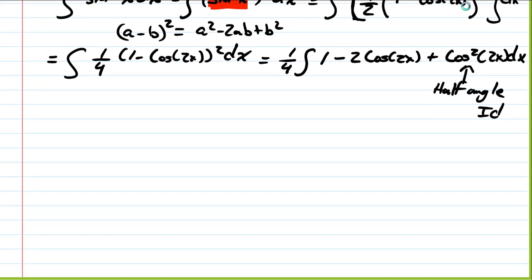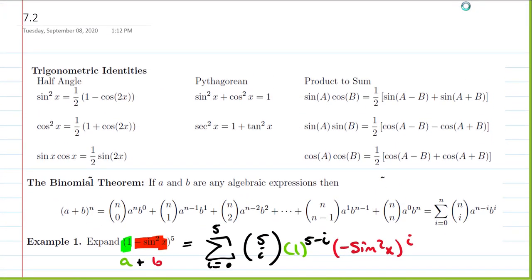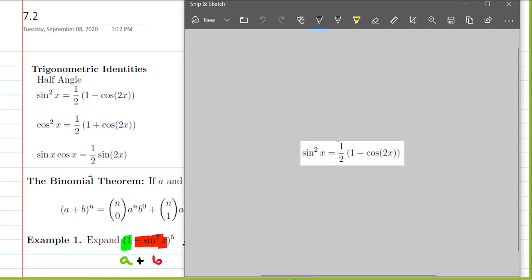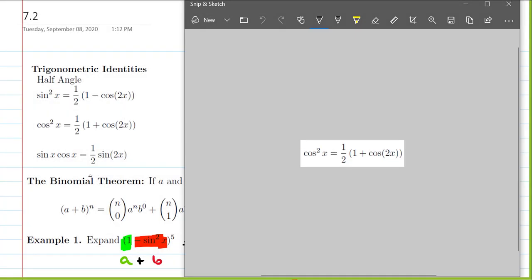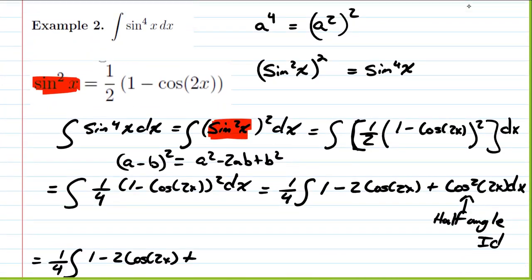So when we do that, we get 1/4 times the integral of 1 minus 2 cosine 2x plus, and then the half angle identity for cosine. If we go back up here, our half angle identity for cosine is exactly the same, but instead of minus, it has a plus.